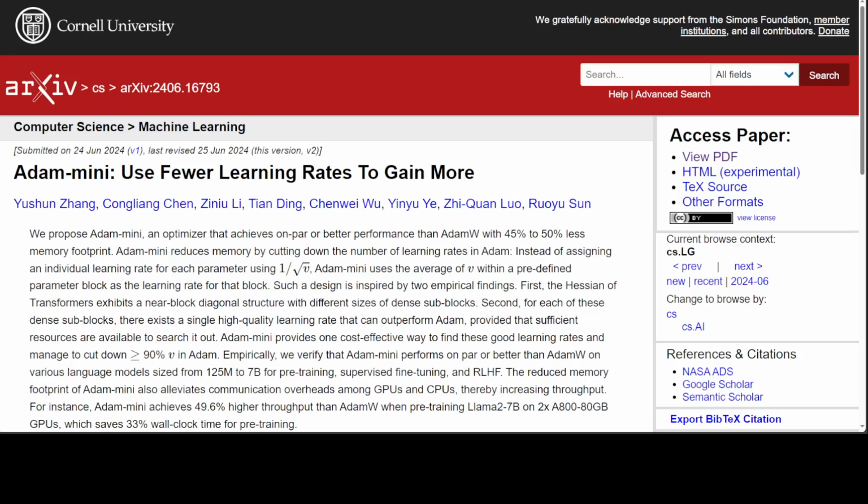AdamW is a popular optimizer in deep learning, which is an extension of the previous Adam optimizer. AdamW adapts the learning rates for each parameter individually like Adam, but also includes weight decay. Weight decay is also called L2 regularization in more technical terms.